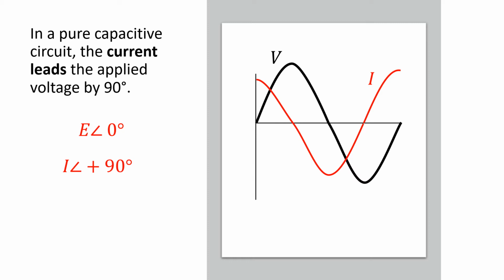Now, if we were to look at our capacitive reactance, which is measured in ohms, and we use Ohm's law to look at it, where our supplied voltage is our reference, because that's what comes from our utility provider, we divide it by our current that leads by 90 degrees. Then we derive the fact that our capacitive reactance must be lagging by 90 degrees, or our capacitive reactance is at minus 90 degrees.